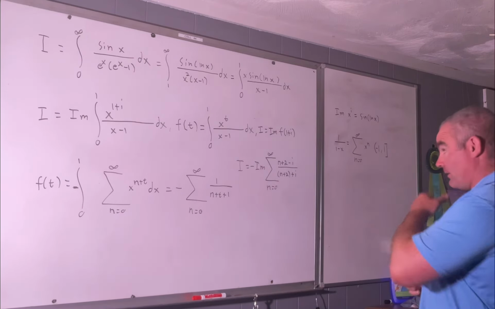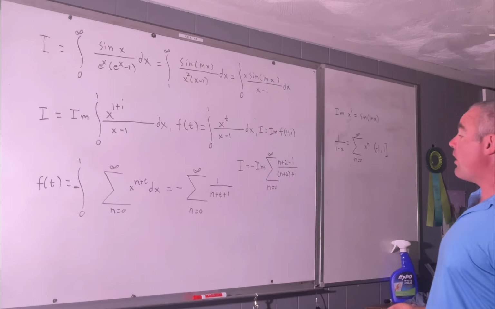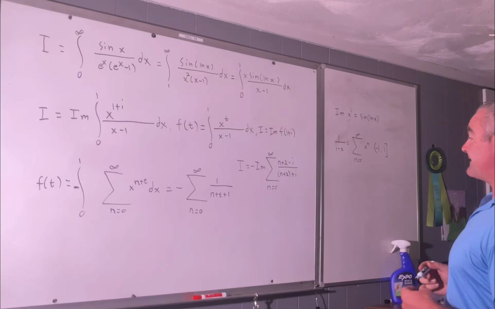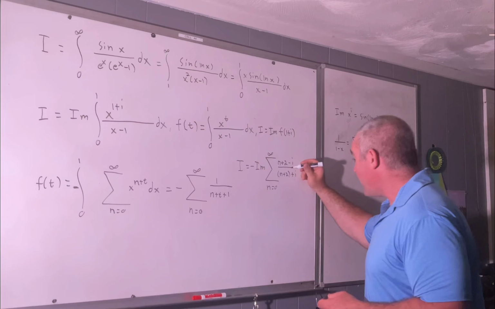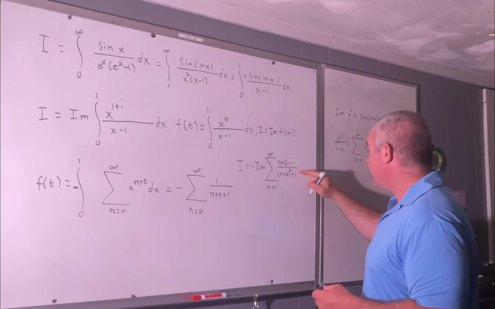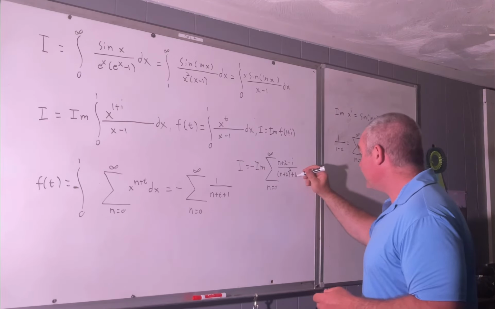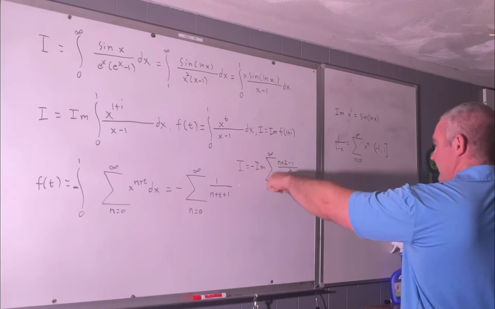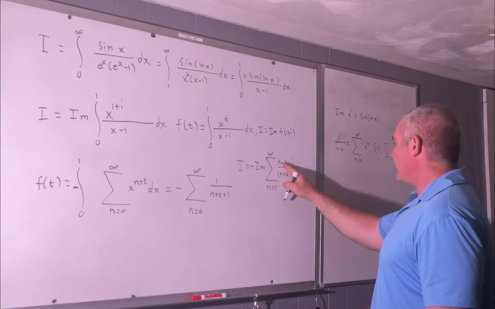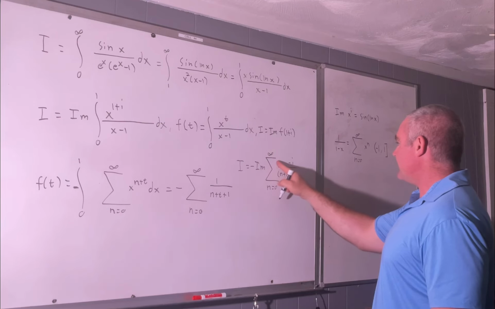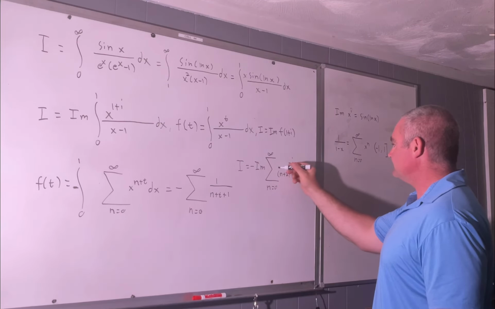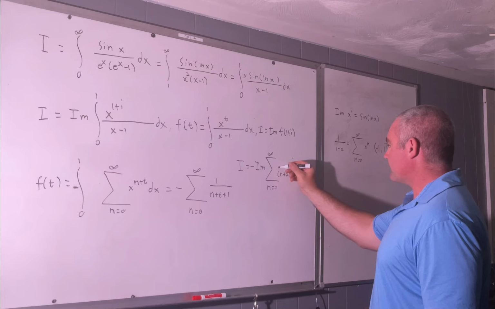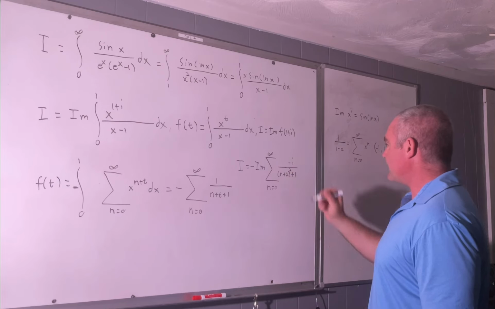And in the bottom, that would just become n plus 2 all squared minus i squared, or just plus 1. Now, since we're taking the imaginary part of this, we can get rid of this n plus 2 in the numerator, since it will result in a purely real part.